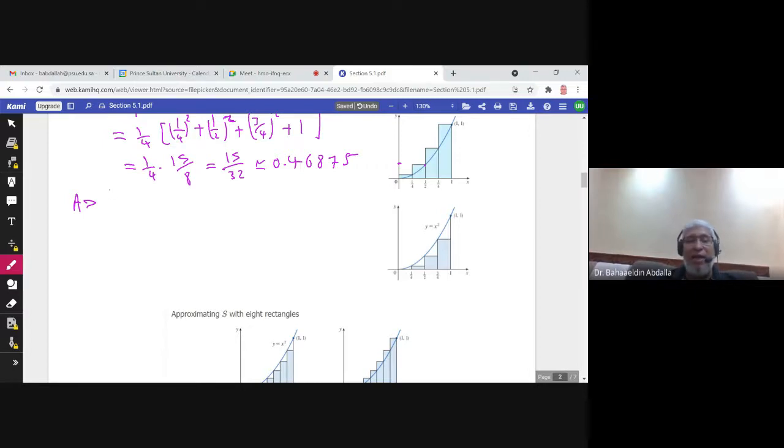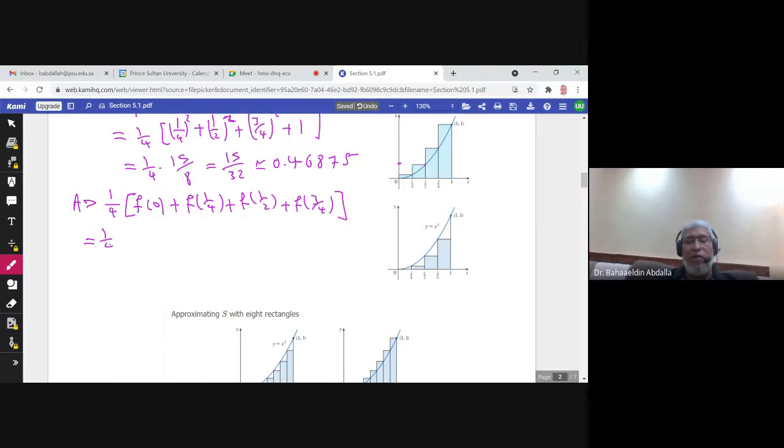Again, 1 over 4 is the width of the 4 rectangles, but the heights are f of 0, which is 0. This is the first rectangle. F of 1 over 4, f of half, and f of 3 over 4 is the height of the last rectangle.